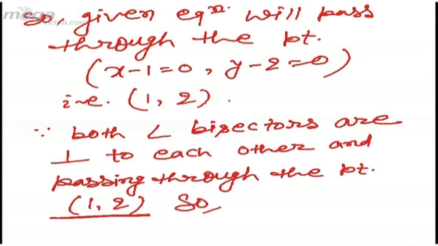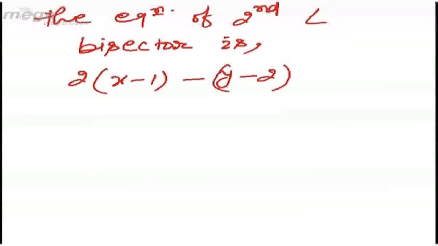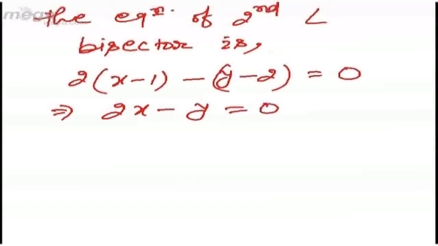So using the family of lines, the equation of the second bisector will be 2(x minus x1) minus (y minus y1) equal to 0. And hence, when you simplify, you will get here 2x minus y equal to 0.